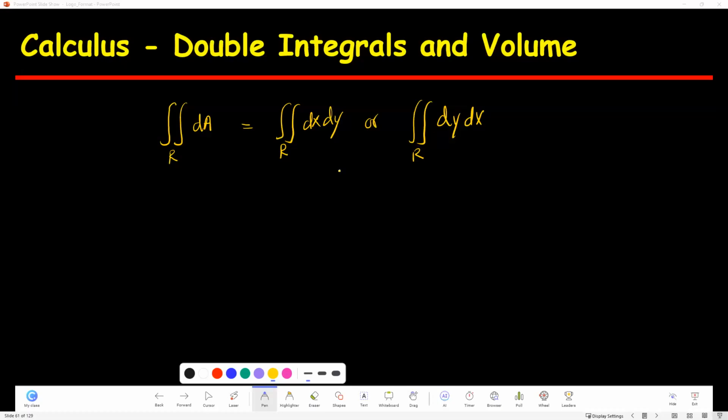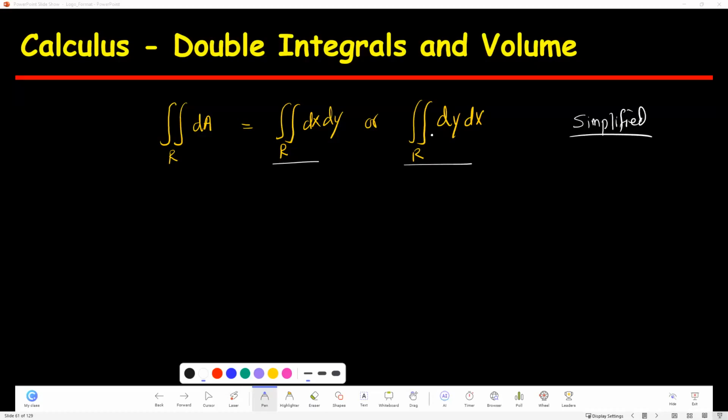Earlier we did some functions and some examples where we proved that whether you do this or that, both should give you the same answer. Which one do you pick, dx or dy, or dy or dx? It should be purely your choice. But the point is that if the function is given, you have to choose wisely. If you choose wisely, it simplifies your problem. Theoretically, both should give you the same answer.